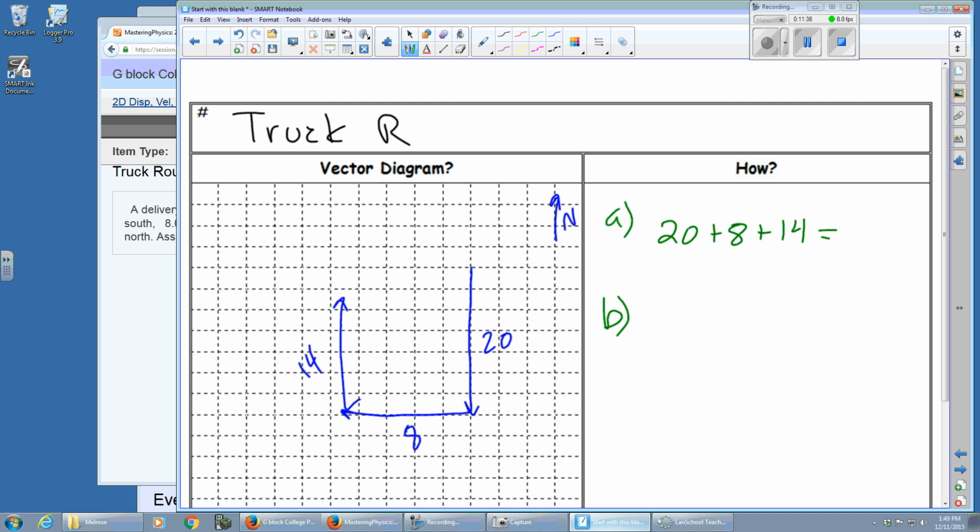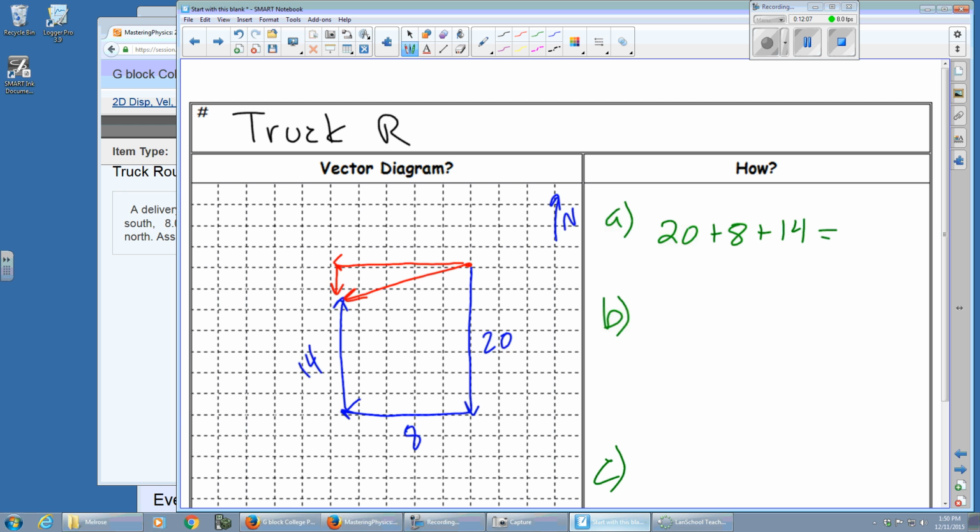And then B and C ask me about the displacement. Well, let's draw in my displacement. My displacement goes from where I started in a straight line to where I ended up. I could make that into a triangle with sides like that, right?